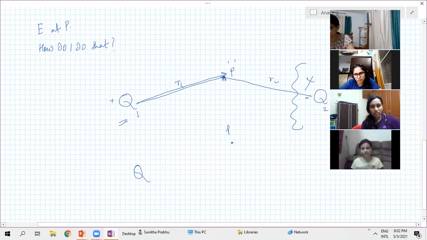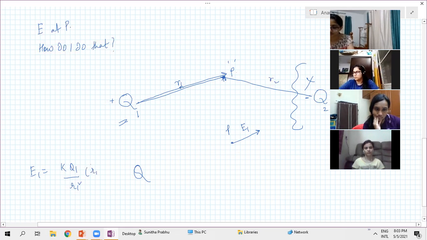So I will have an electric field here, I call this E1. What is the value of E1? As Chaitri mentioned, E1 is equal to K into Q1 divided by this distance, R1 square. What is the direction in which it will act? It will be along R1. Are we good?